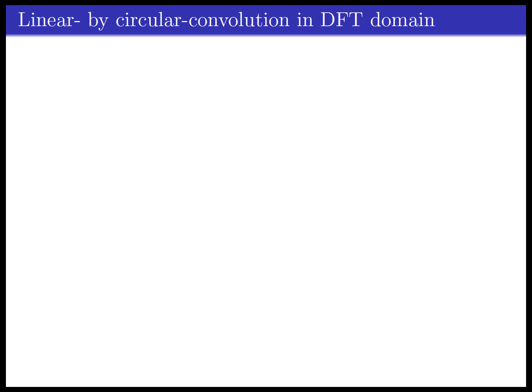The derivation of this procedure goes as follows. The linear convolution result of a finite length N signal x with a finite length L impulse response h results in a signal y with length M = N + L - 1 samples.